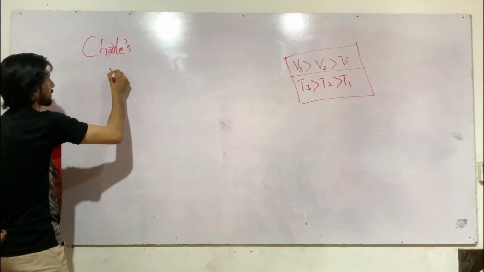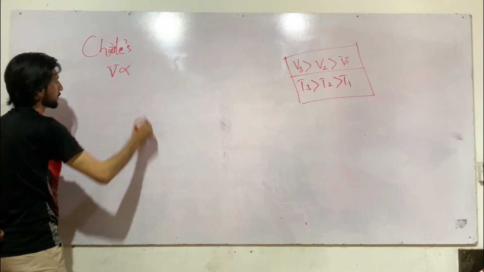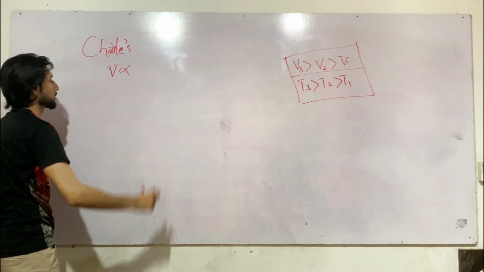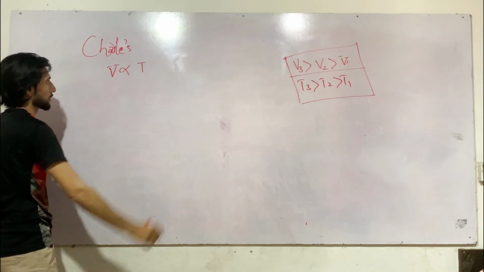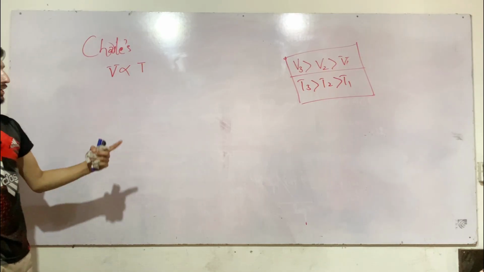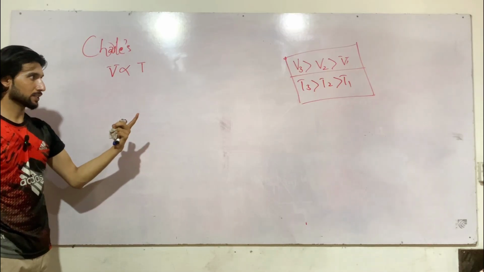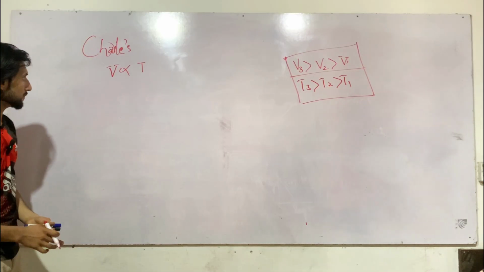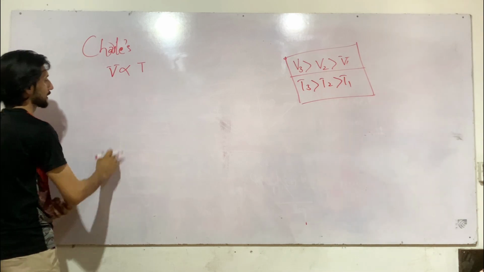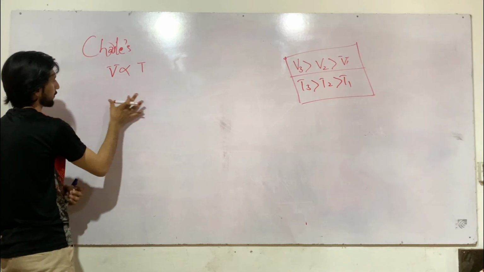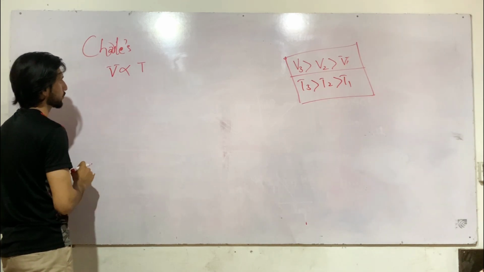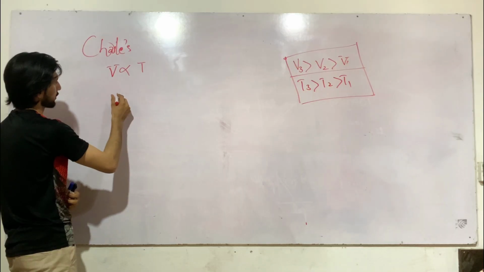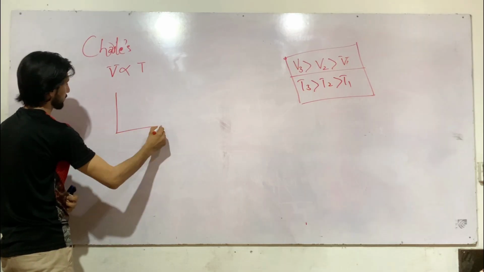Charles saw that the volume of a gas was in direct relation with the temperature of the gas. The greater the temperature, the greater would be the volume. So he saw the rise and fall of the volume with respect to temperature, as we could plot a graph.